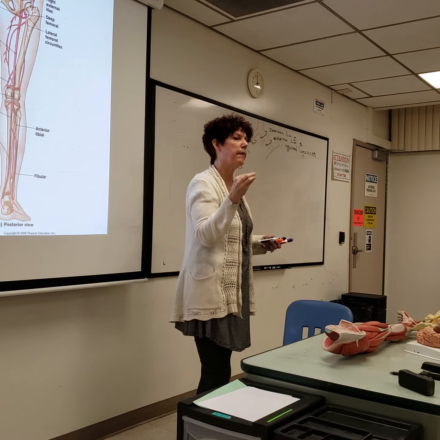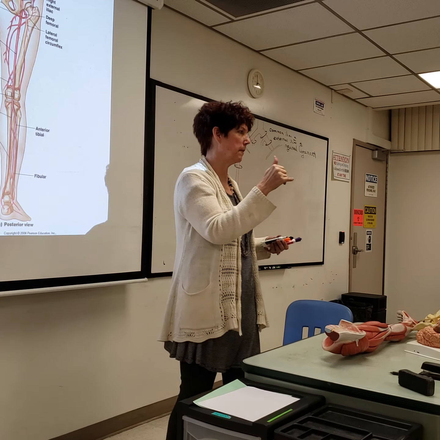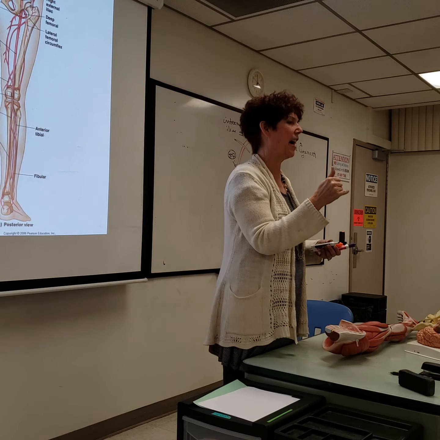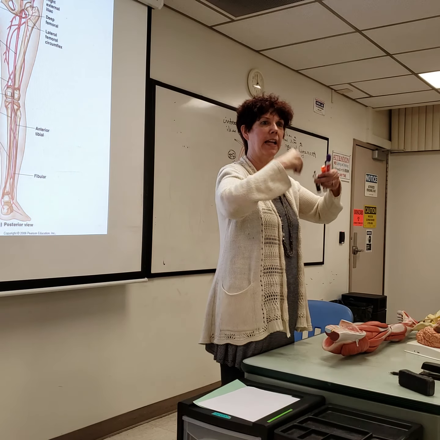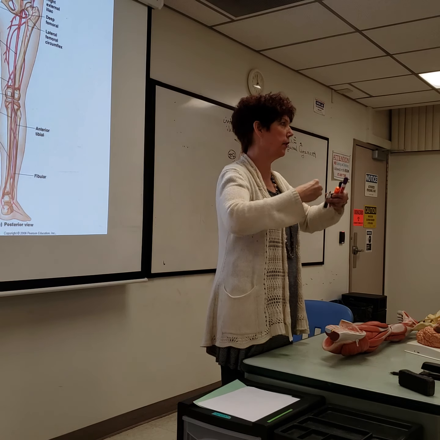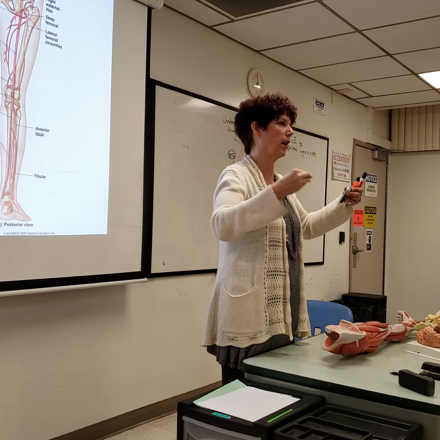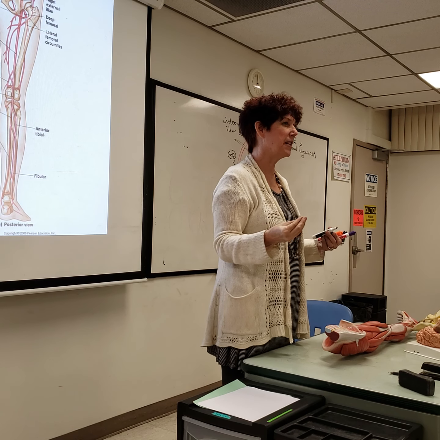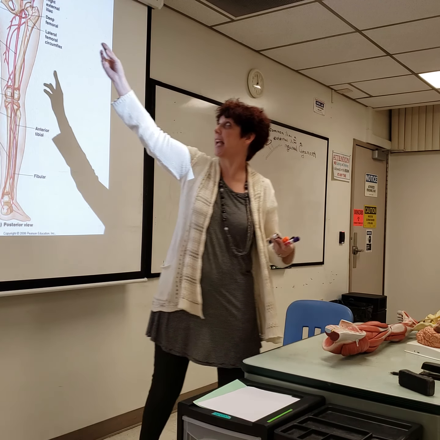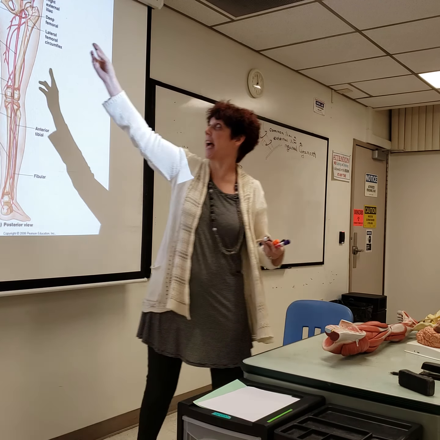Remember when we talked in the female reproductive about endometriosis and how the endometrium, instead of just coming out the vagina, can move into the oviduct and settle there and grow in that area, or it can move into the peritoneal cavity, and it can move down and settle in this region here as well.